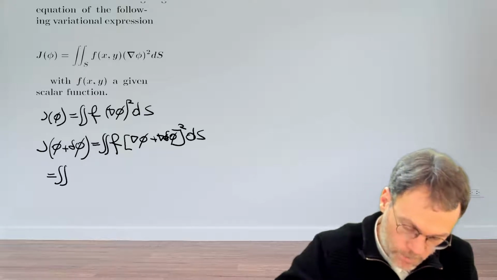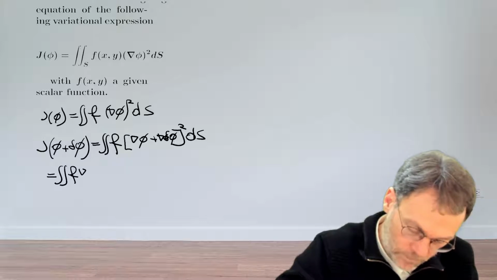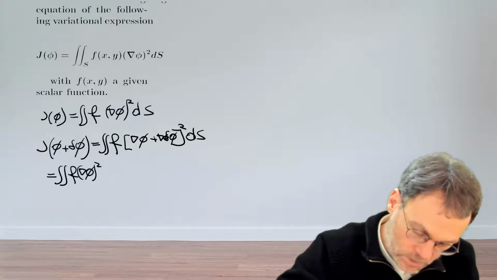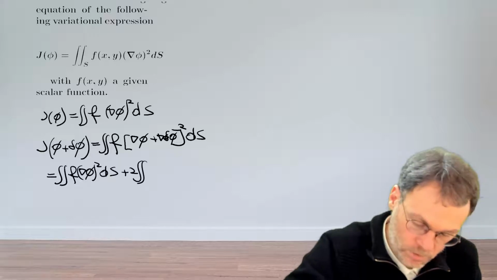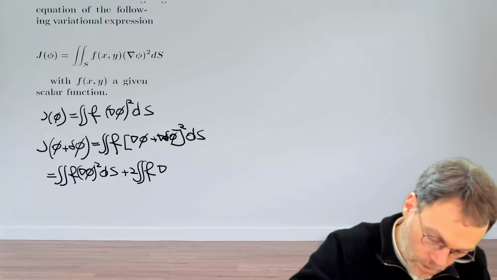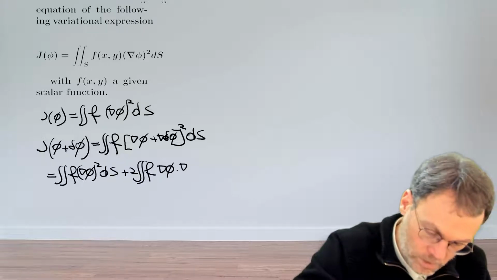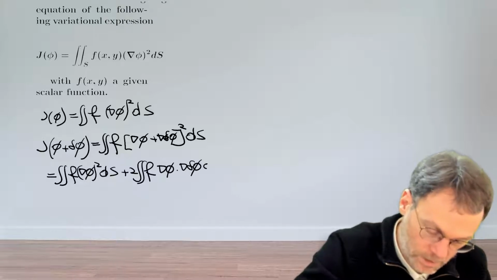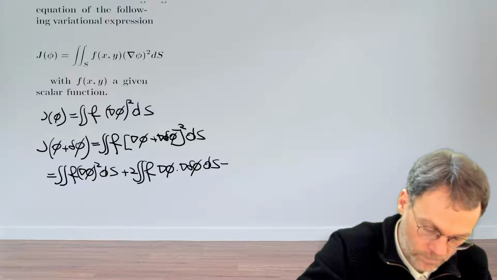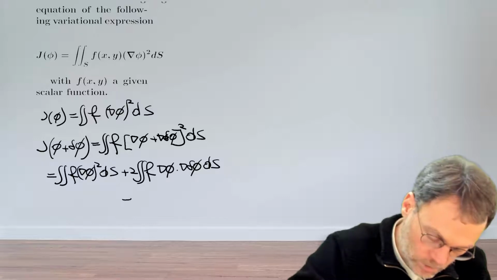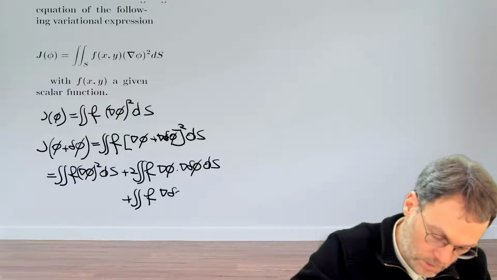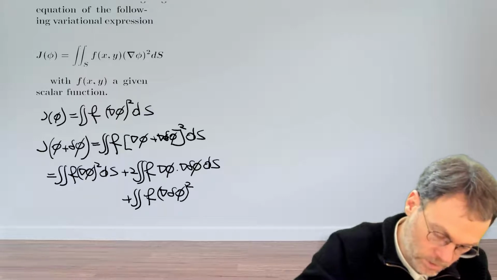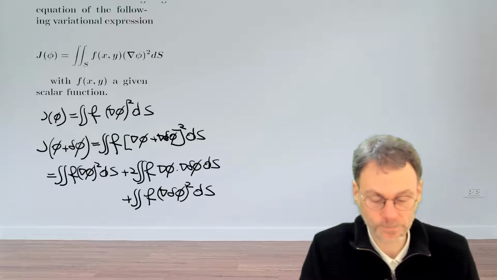Let's expand this to have integral of f gradient phi squared ds, and then we have plus 2 times the integral of f gradient phi gradient delta phi ds, and then finally we have a term which is the integral of f gradient delta phi squared ds.